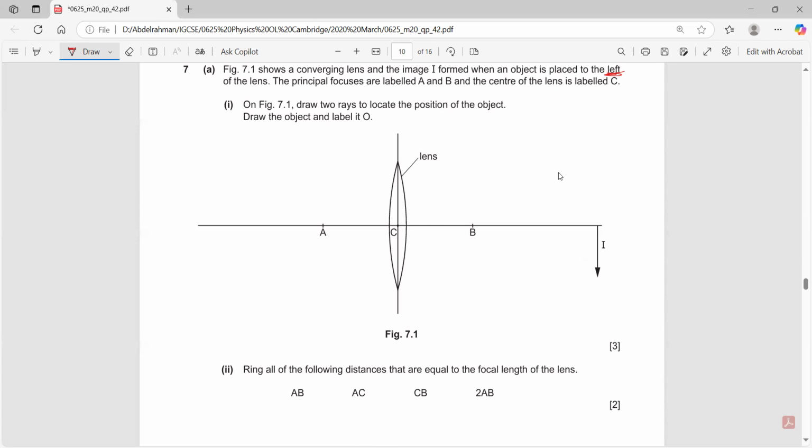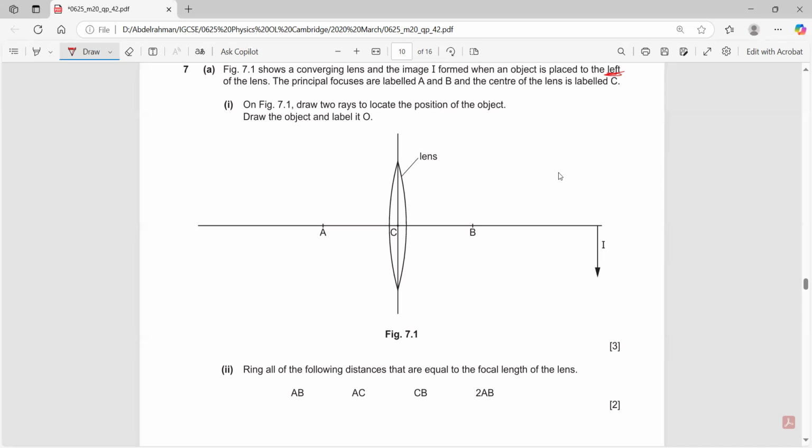Why? Because this is a real image. If it was a virtual image, the drawing would have been a bit different. But again, this is a real image, so you can assume that the rays are emerging from the image, even though we know that the rays are not being generated. They're not produced from the image. They're actually from the object.